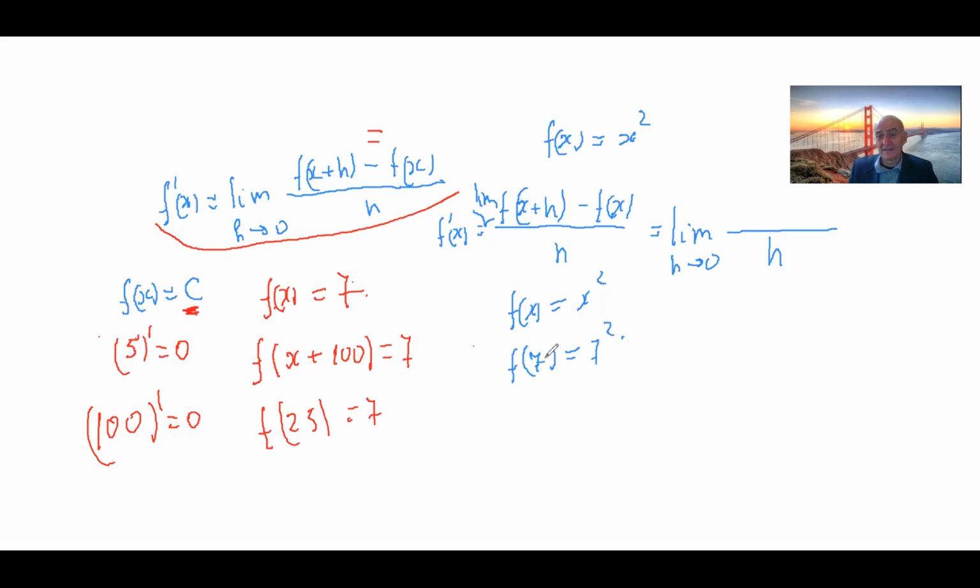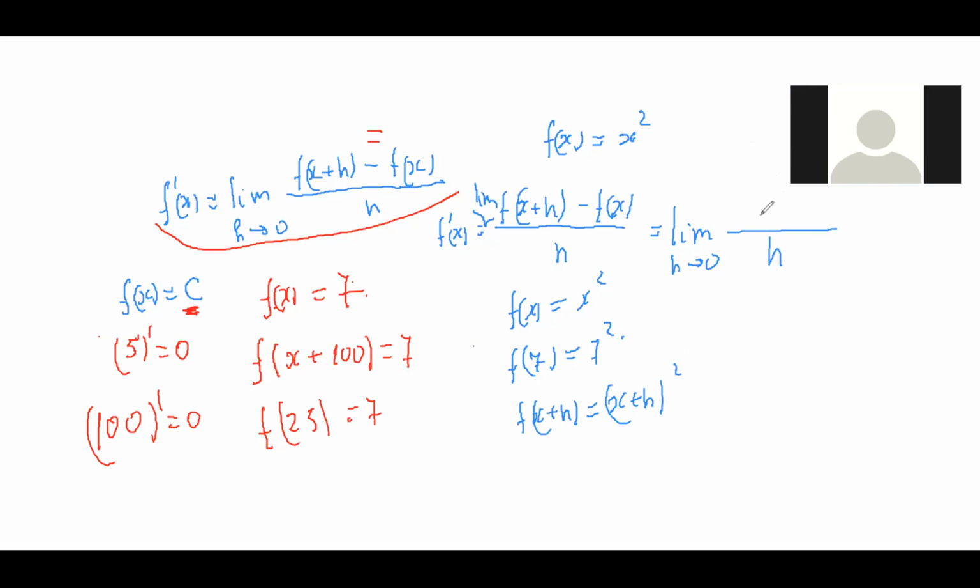In the same way, if I want to find f(x plus h), I need just to replace x by x plus h. Is it clear now? Yes. Okay. So remember, that was a very good question.